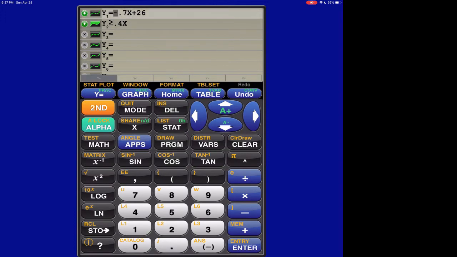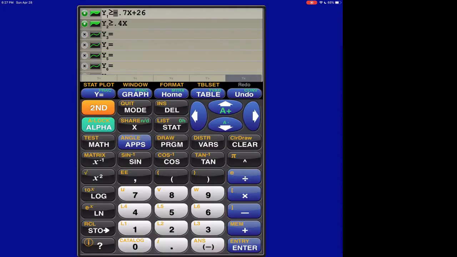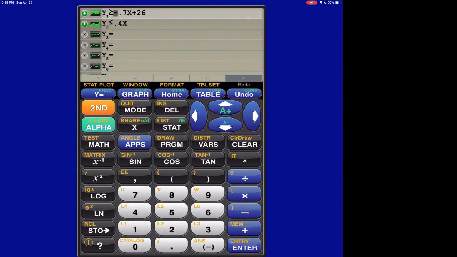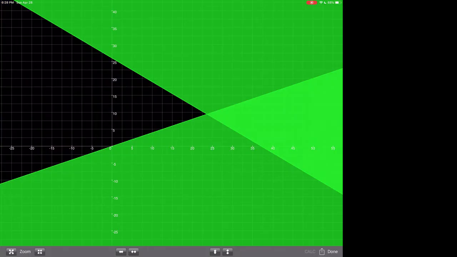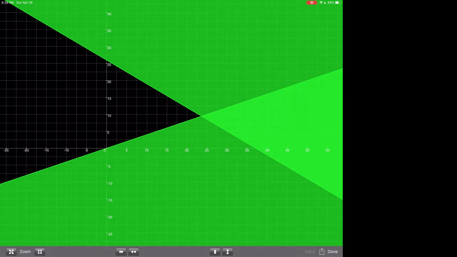So I want this one to be greater than or equal to. I want this one to be less than or equal to. And so now let's see. And so it's telling me that my intersection region is here, which is wrong because it should be up here.